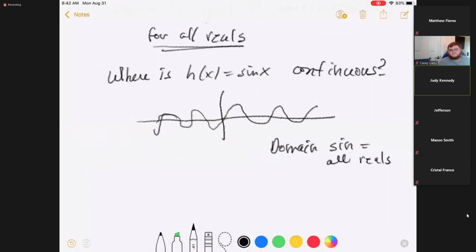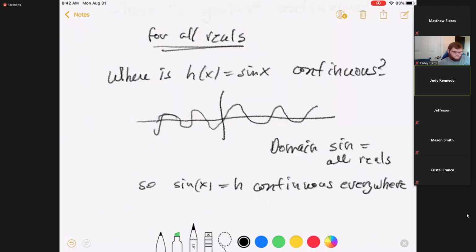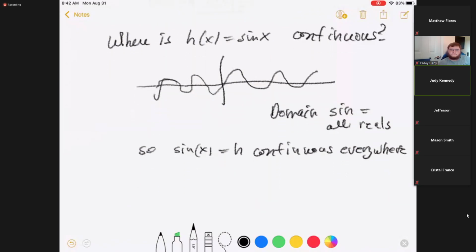So sine of x equal to h of x is continuous everywhere. And if they're both continuous everywhere, so is their composition. Then h of g of x, which is equal to f of x, is continuous everywhere.